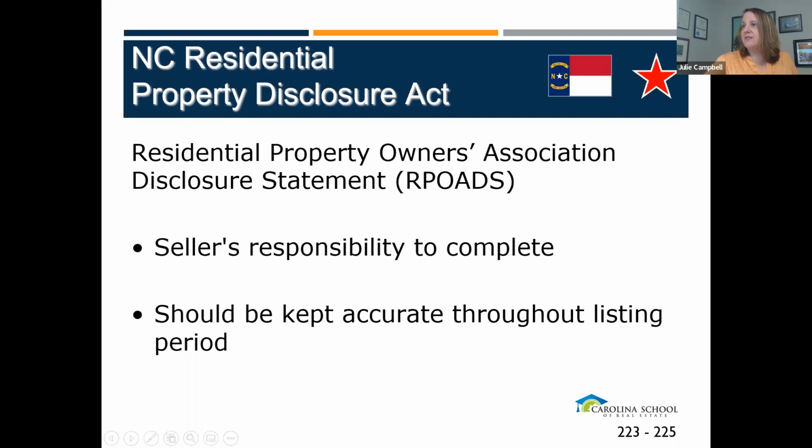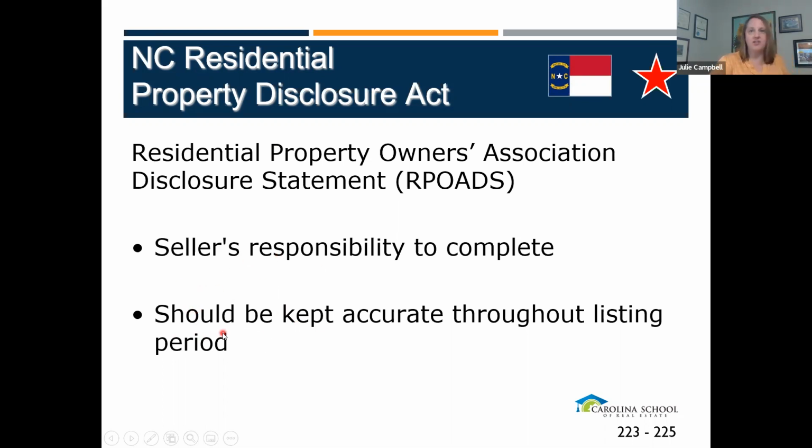I'll tell you guys, I don't know if the real estate commission is on some kind of rampage or what, but in the disciplinary actions and the e-bulletins that we looked at, I'm going to say about 6 or 7 months out of last year, 2021, there was a disciplinary action because of this right here. Agents failing to keep the RPODS up to date.